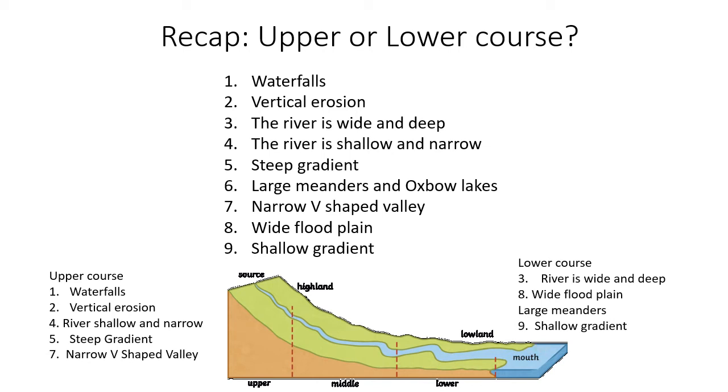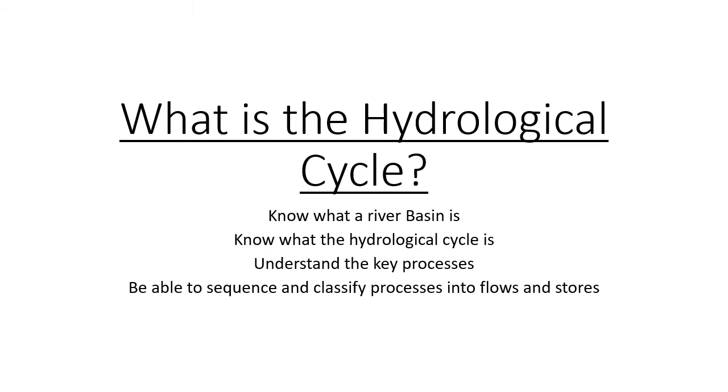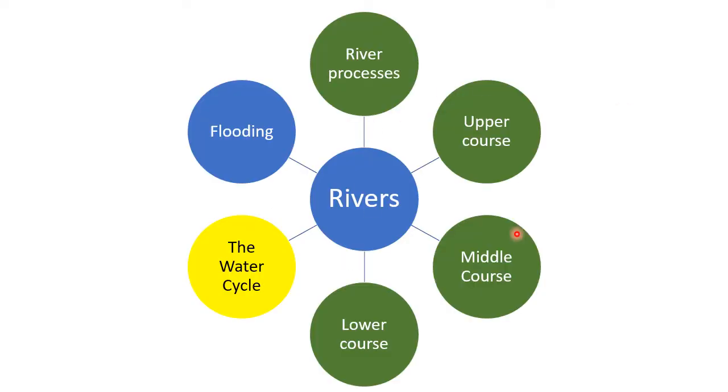So that's just a very quick recap of what we've been doing for the last few lessons. I just want to do that before we go on. So, like I said, the aim here is to look at a river basin and look at the hydrological cycle. And it's worth thinking about how this fits in. We started this unit by looking at river processes, and then we looked at the upper, middle, and lower course.